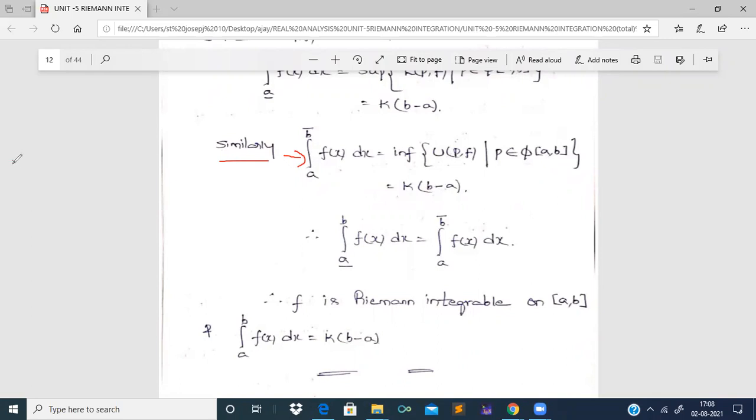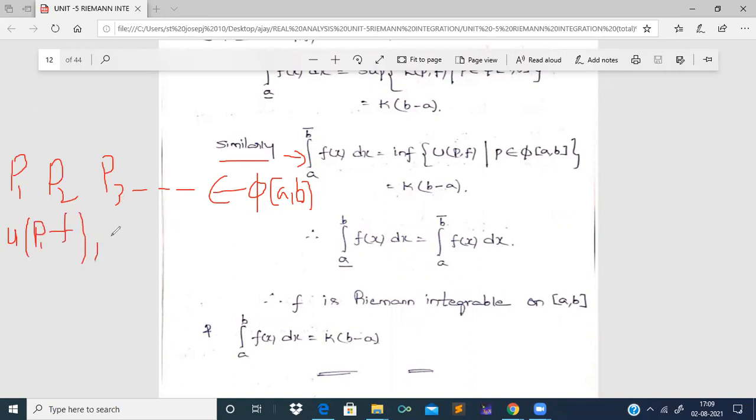This means that if we take different partitions p1, p2, p3 and so on from the family of partitions of closed interval a comma b, and if we find out all upper Darboux sums U of p1 comma f, U of p2 comma f, U of p3 comma f, all these upper Darboux sums will be present in the set of all upper Darboux sums of different partitions.